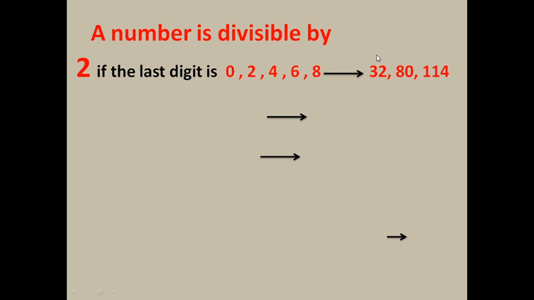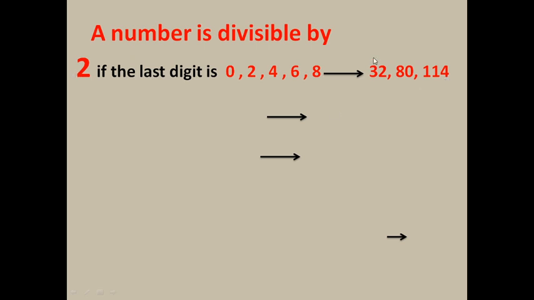That means if you divide 32 by 2, you can divide with no remainder. Now 80 ends with 0, so 80 is also divisible by 2. And 4 also ends with 4, so it is divisible by 2.